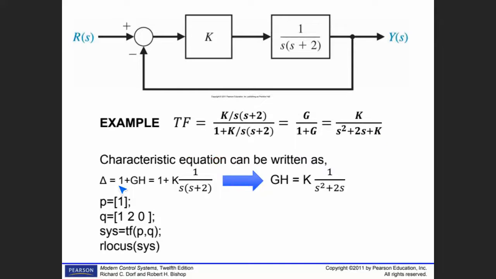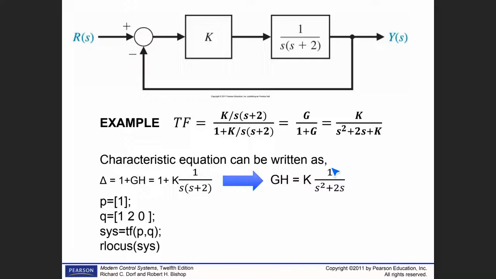And then GH is equal to k times 1 over s square plus 2s. So P is 1, and Q is 1, 2, 0.